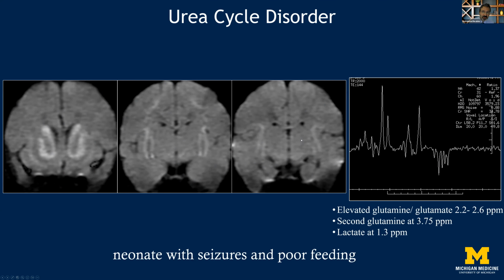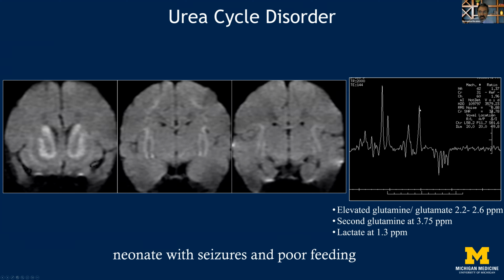There's classic sparing of the thalami, which helps to differentiate urea cycle disorder, a disease that presents early in life, compared to HIE, hypoxic ischemic encephalopathy, which has a similar imaging pattern but also will have involvement of the thalami as well. MR spectroscopy will show a very large lactate peak, a non-specific imaging feature indicating there's abnormal metabolite being accumulated.